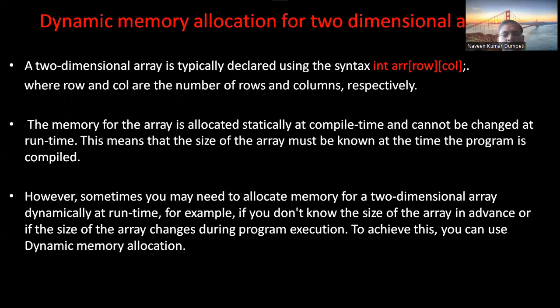So if you want to change the declared array during runtime, and also to allocate the memory of this two-dimensional array during runtime, we have a concept called dynamic memory allocation, and we have certain functions which are used to dynamically allocate memory.